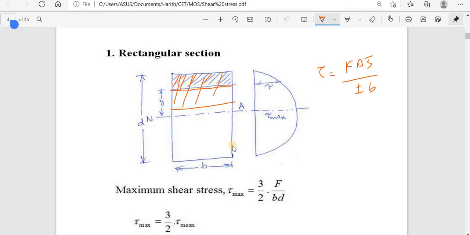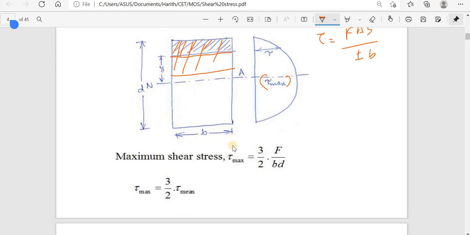Likewise this is drawn. And the maximum tau, by substituting, we will get this value: 3 by 2 times F by A. We will explain this more. For this class, just understand how the variation is coming.